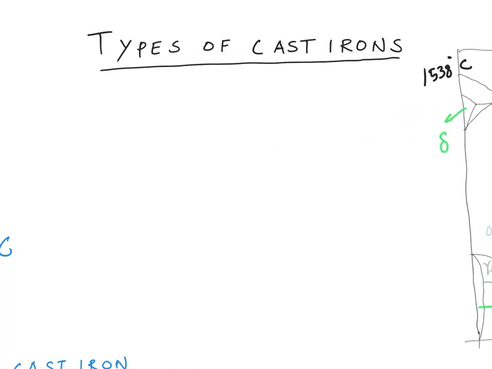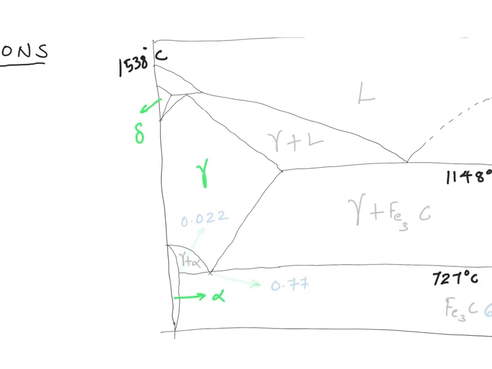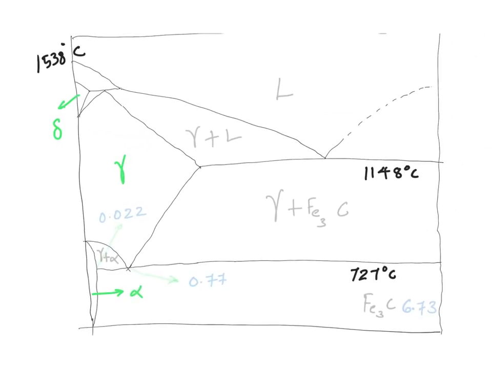Now, another important thing. We discussed the carbon present in the alloy. Now what about the microstructure? In the phase diagram which we just saw, here is our iron carbide, Fe3C, which has around 6.7 weight percentage of carbon in it.